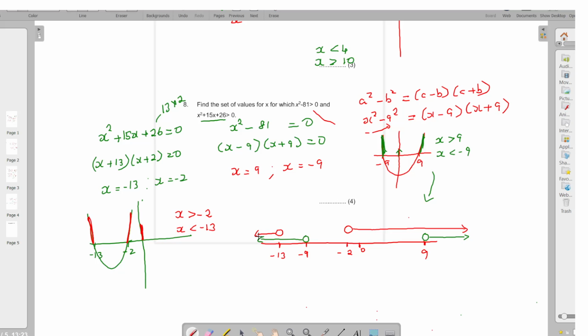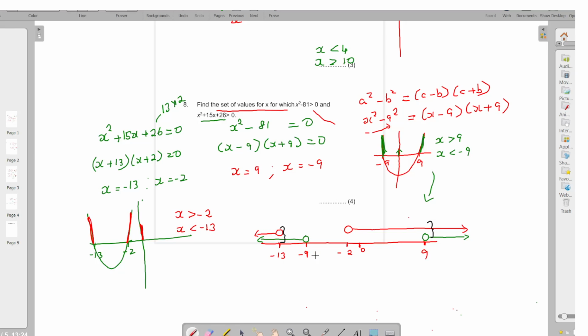Now, we need to find the set of values for x for which both of the inequalities are satisfied. Right? By looking at it, we know both of them only satisfy this part and this part.